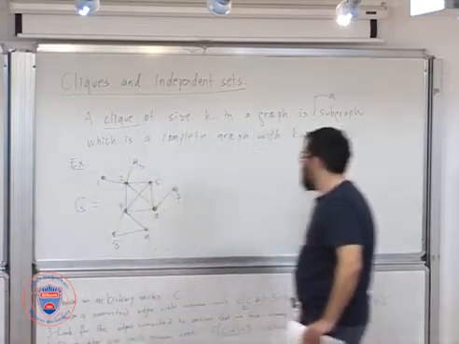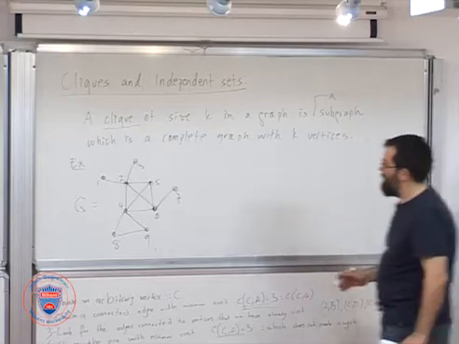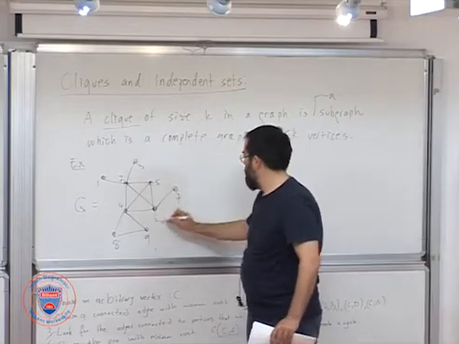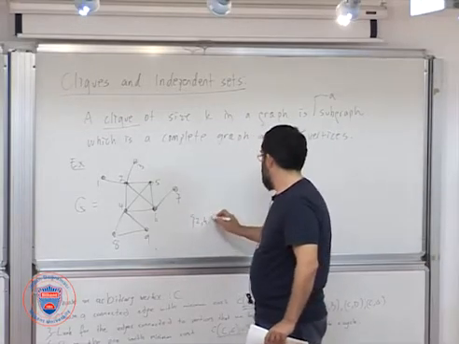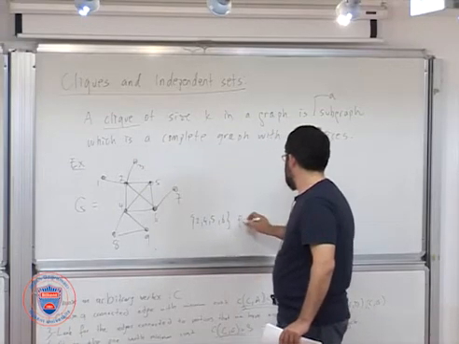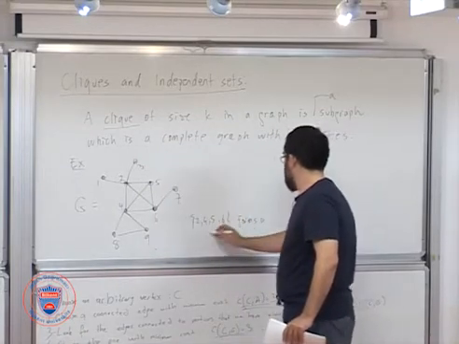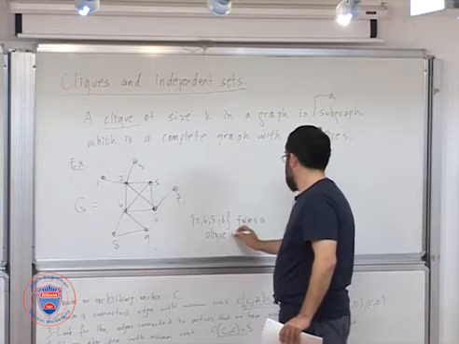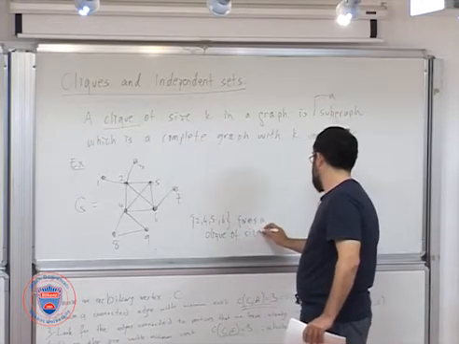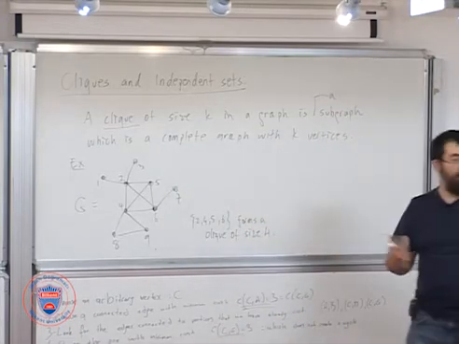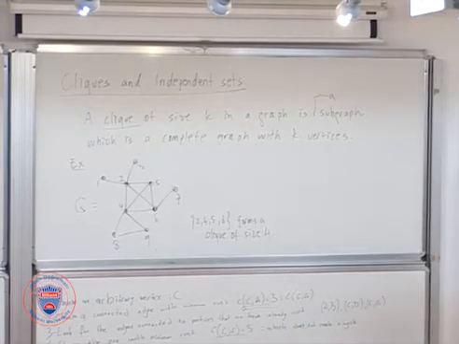And 2, 4, 5, 6 forms a clique of size 4. So a complete graph of size 4 inside your graph is a clique of size 4.